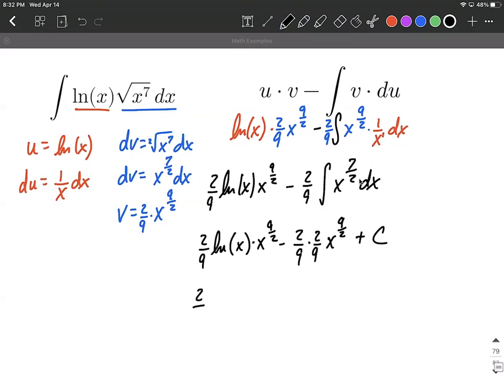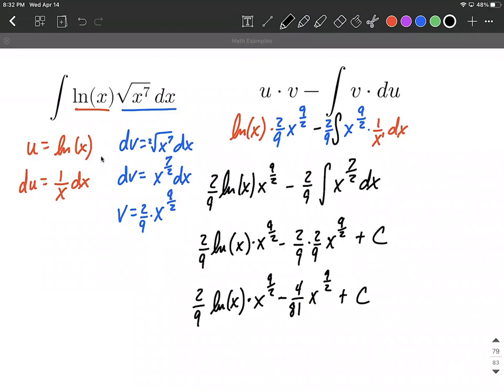Instead of leaving a fraction multiplied by another fraction, I would probably elect to go ahead and say 2 times 2 makes 4, 9 times 9 makes 81, x to the 9/2 plus c. But as far as leaving rational exponents, that's usually perfectly fine to leave as rational exponents as opposed to switching them back into radicals.